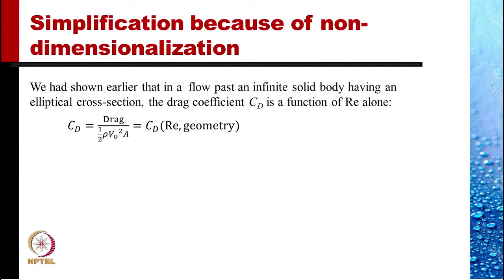We had earlier shown that for a flow past an infinite solid body having an elliptical cross section, the drag coefficient CD is a function of Reynolds number alone. We define drag coefficient as drag divided by 1/2 rho V naught squared times the area.